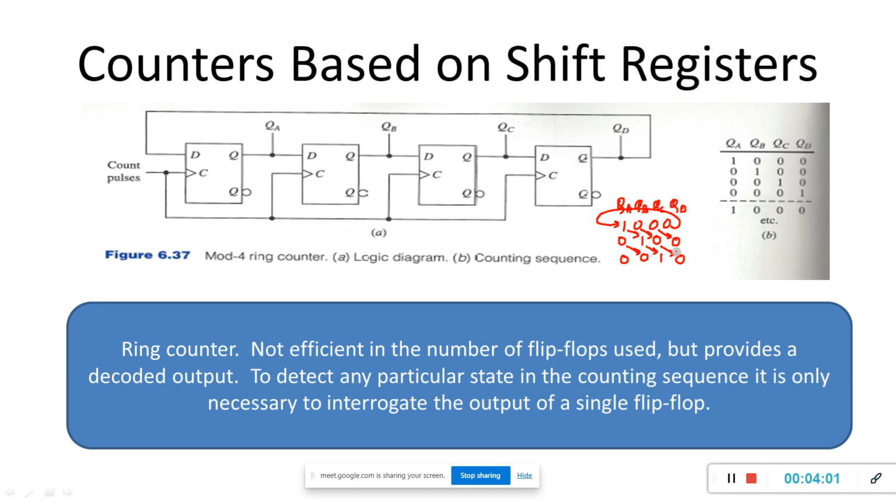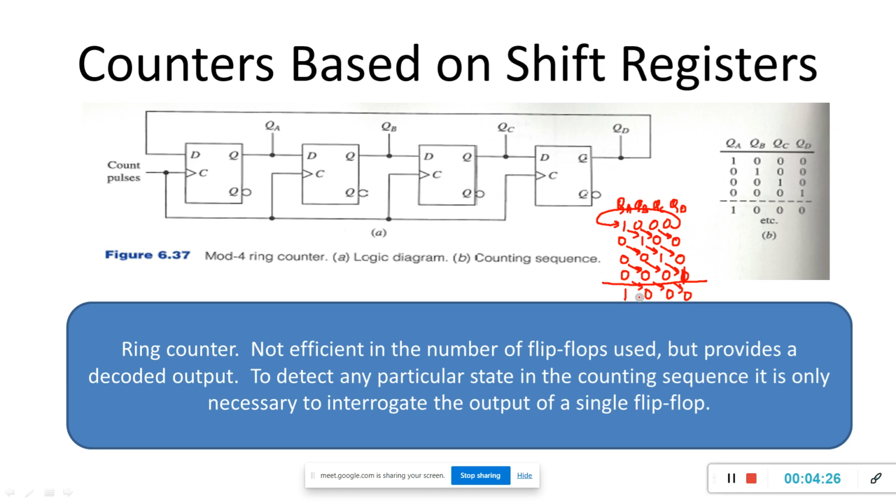Next again QD is connected back as an input to QA, so this 0 will come here. QA will be shifted to QB, QB to QC, QC to QD. Next, this is 1. This 1 will shift here, and 0 will come here, 0 here, 0 here.